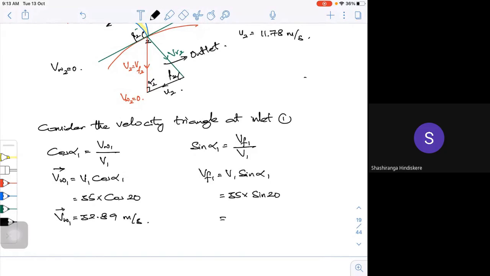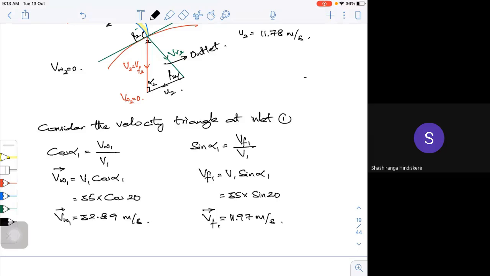If I do that, my Vf1 is around 11.97 meters per second. I got my VW1, that is velocity whirl at inlet, and my flow velocity at inlet.